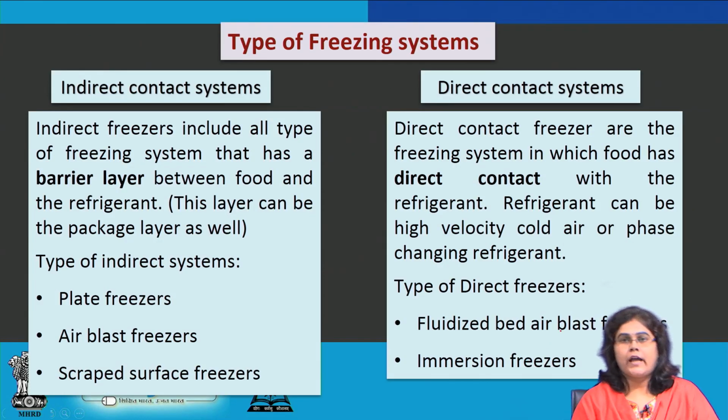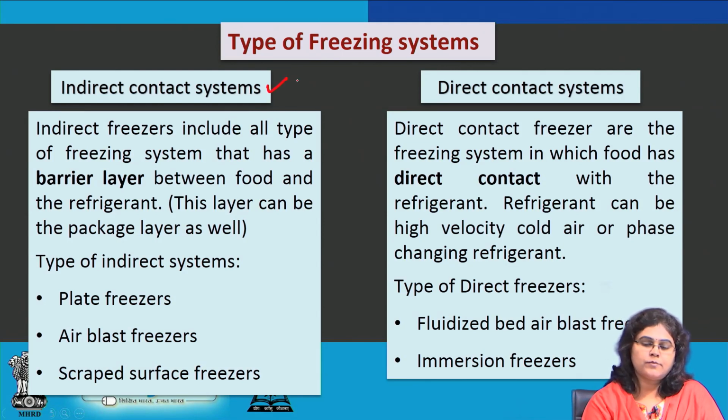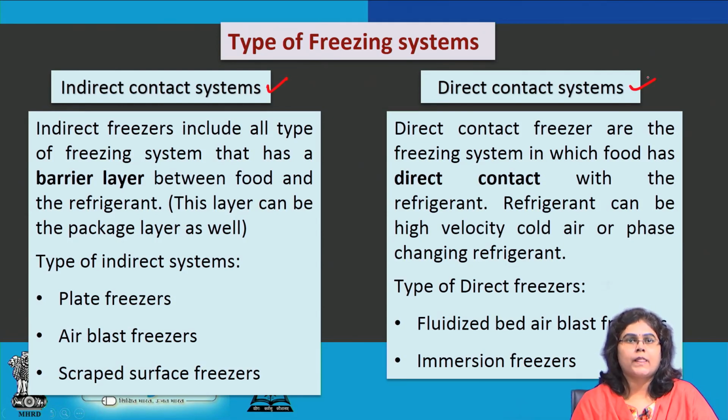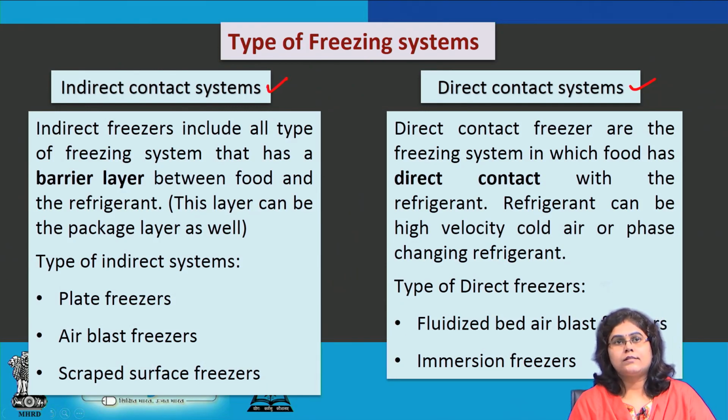Now, coming to the different types of freezing systems, they are broadly classified as indirect contact systems and direct contact systems. As the name suggests, indirect freezers include freezing systems that have a barrier layer between the food material and the refrigerant, and this barrier layer is the food package. The food materials are suitably packaged, and the package acts as the barrier between the food and the refrigerant.